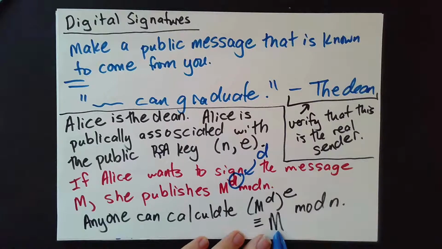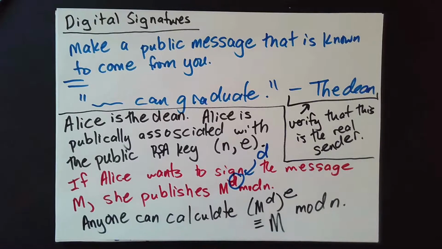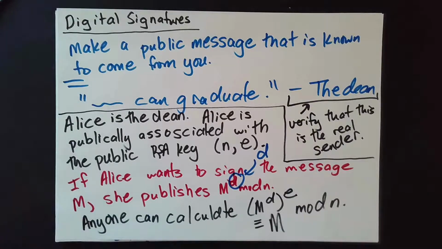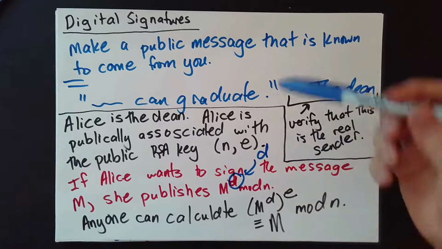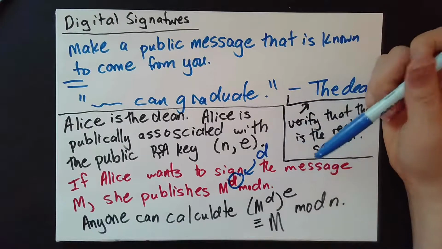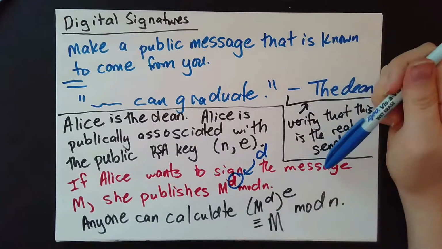Okay. And now, at first, that seems kind of backwards, because the whole point of our cryptosystem previously was to send a message that no one could break. But now, our goal is to send a message that everyone can see, but that we know comes from Alice.